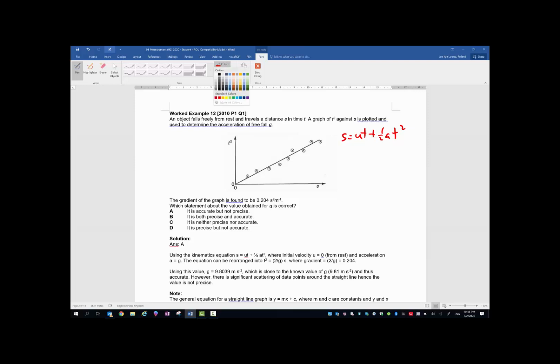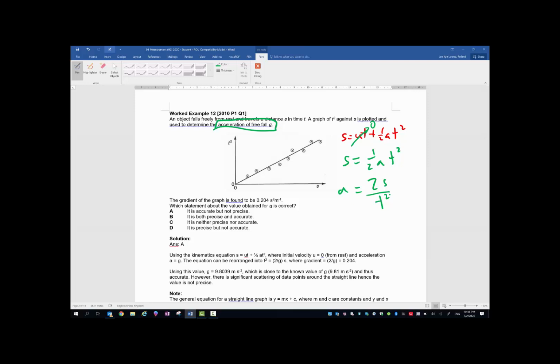And they say it falls freely from rest, so u is 0, so the equation becomes s equals half at squared. Okay, so they want to determine the acceleration due to free fall, so acceleration will be equal to 2s over t squared.